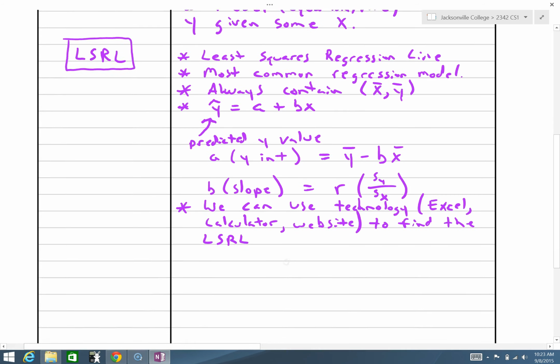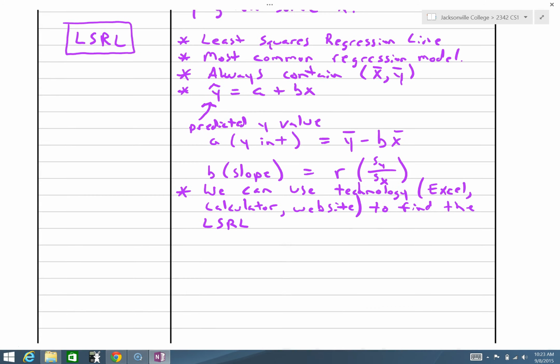Now, once we have this least squared regression line, we'll be able to use it to take some x value and predict some y, but we shouldn't use it arbitrarily. We must first be aware of what's called extrapolation.